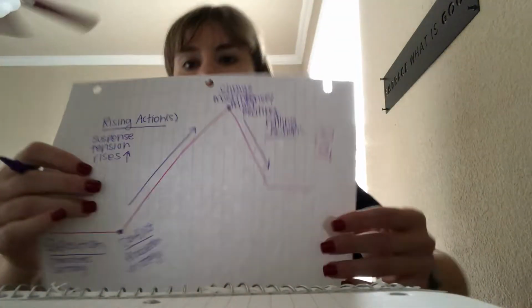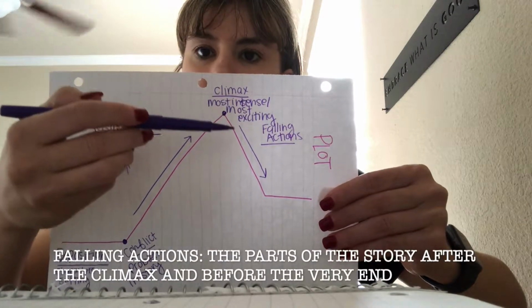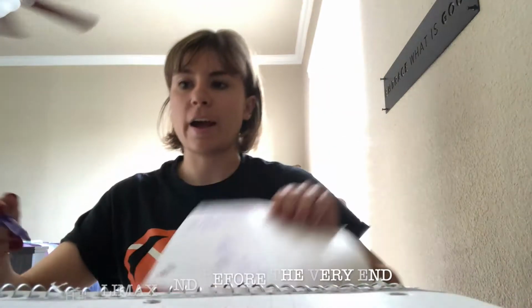Right after the climax is when we go down with the falling actions. Falling actions. Okay? So climax has happened and we have our falling actions.